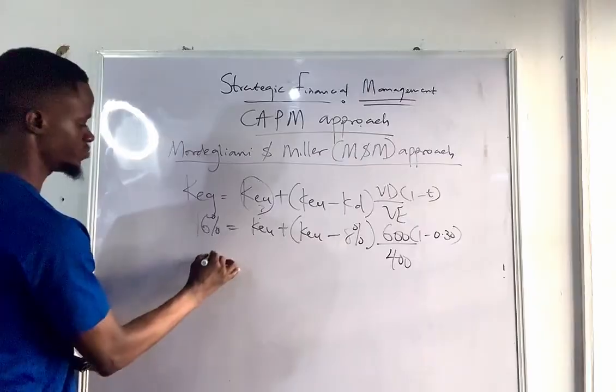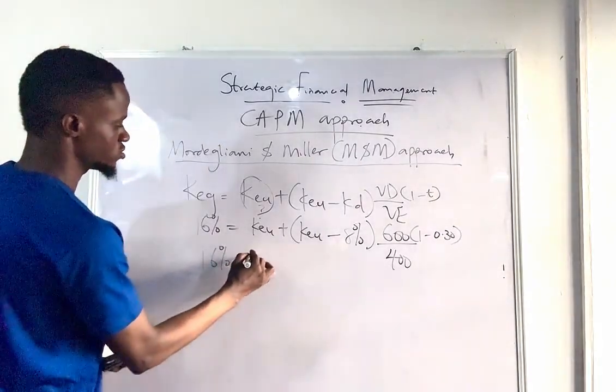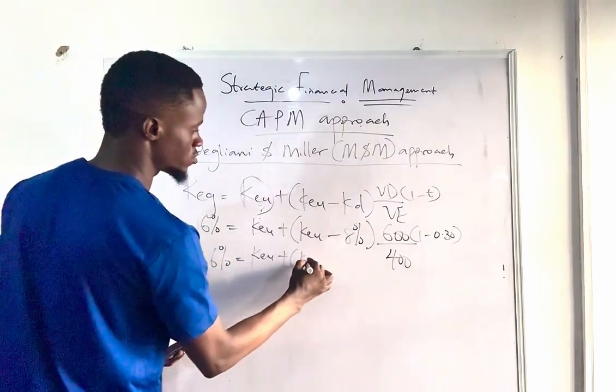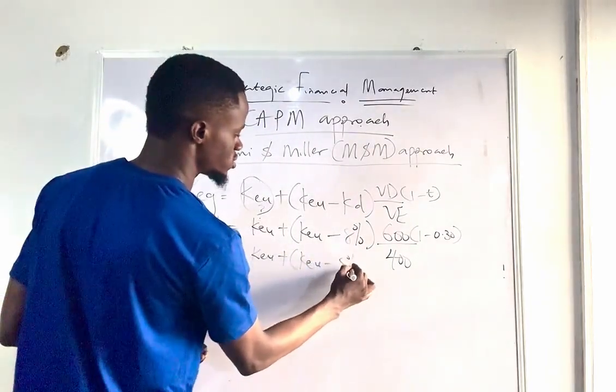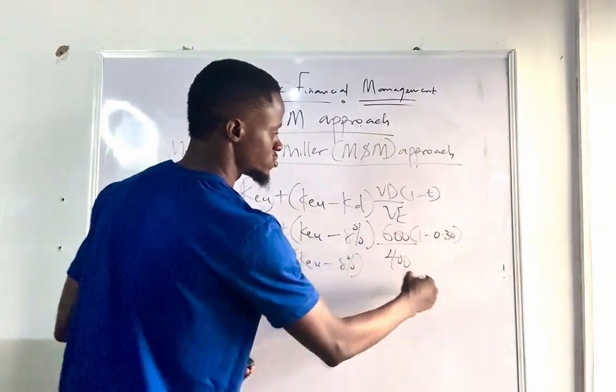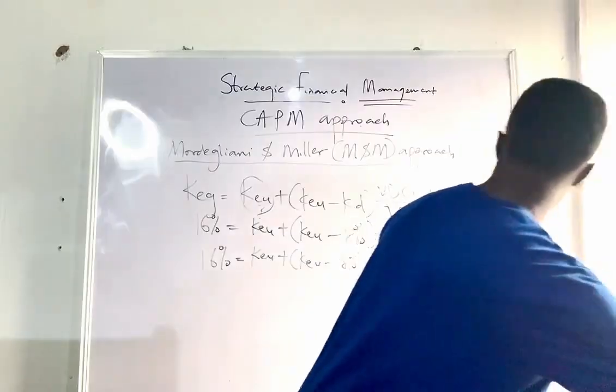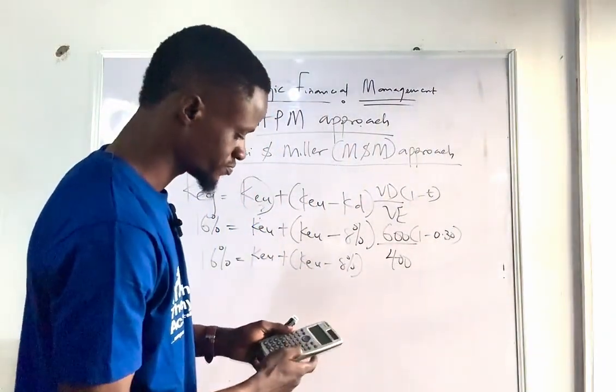So 16% is equal to Q plus bracket Q minus 8%. Let's solve this first.